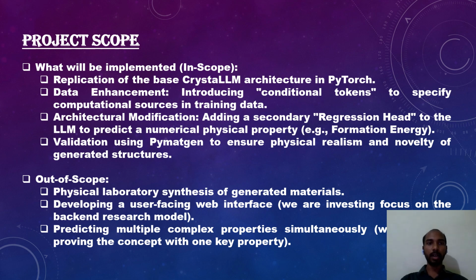This helps reduce confusion in the data and improves the learning. We also plan to modify the model architecture by adding a regression head, and this added component will help the model predict a numerical property such as formation energy.